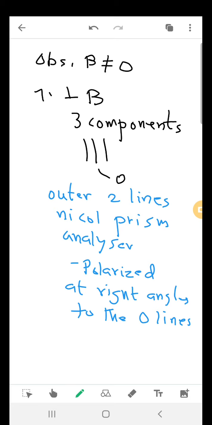This is what is known as the transverse Zeeman effect.